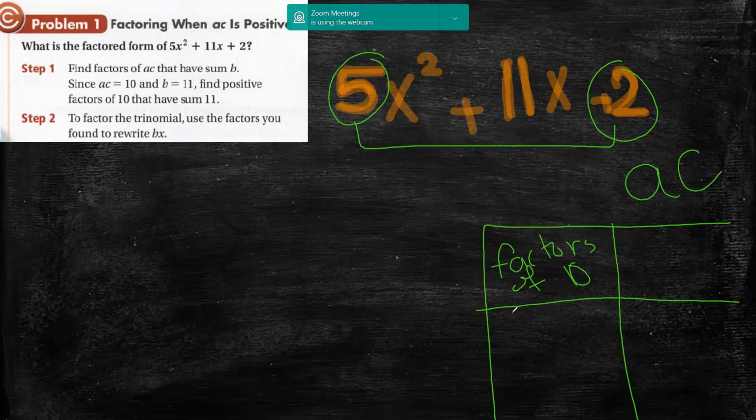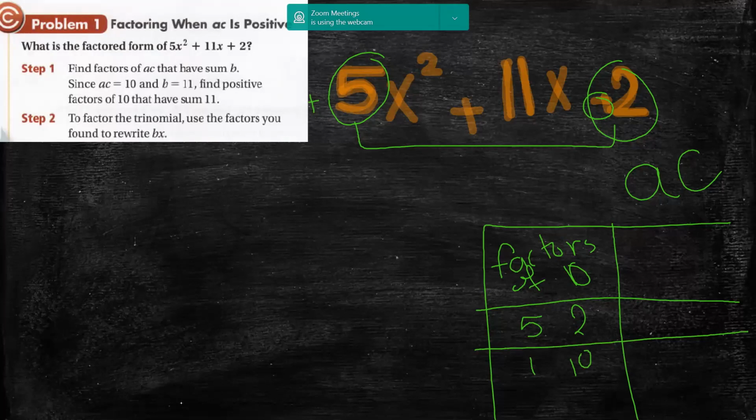And the sign of AC is positive. It is a positive 5 times positive 2, so it's positive. What are the factors of 10? 5 and 2, 1 and 10. These are the factors of 10.